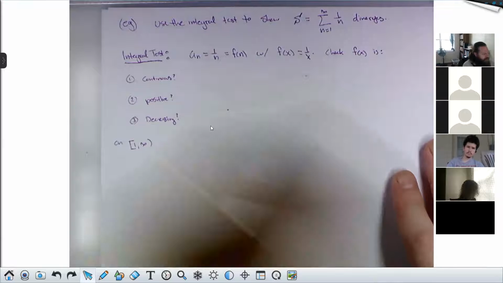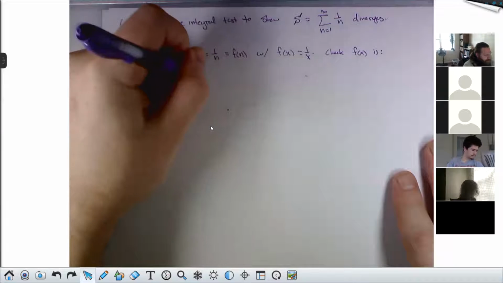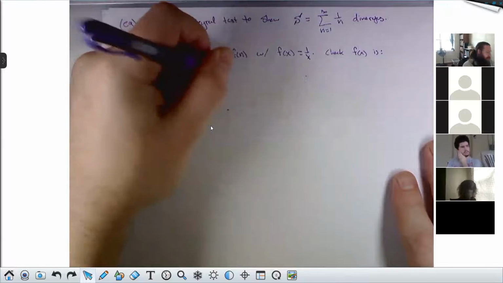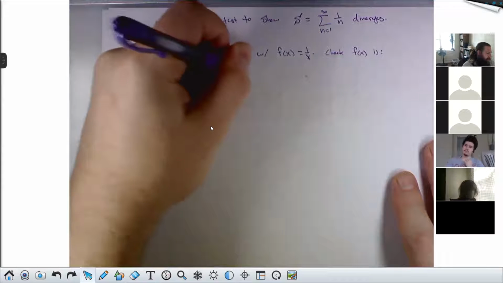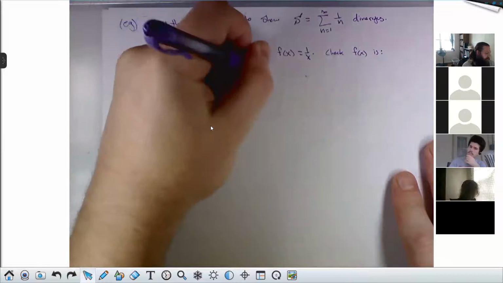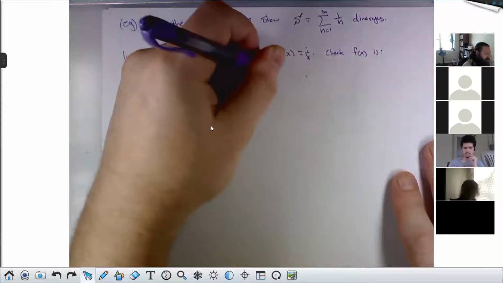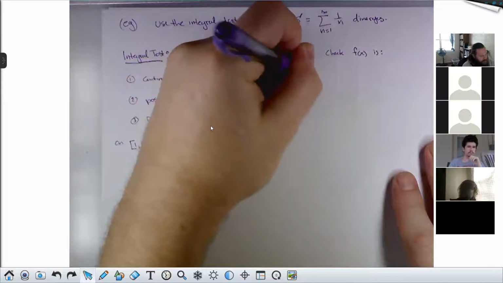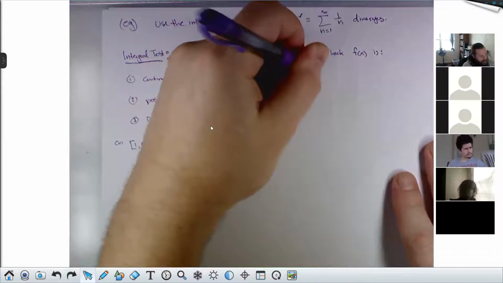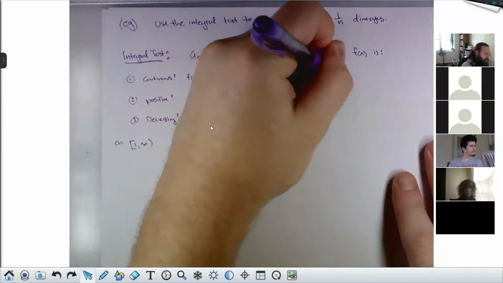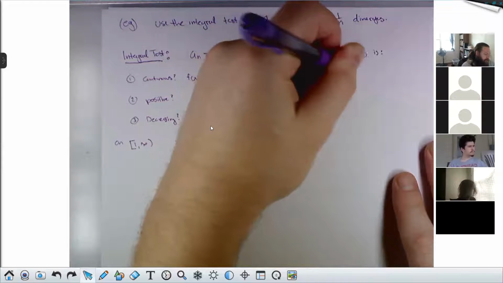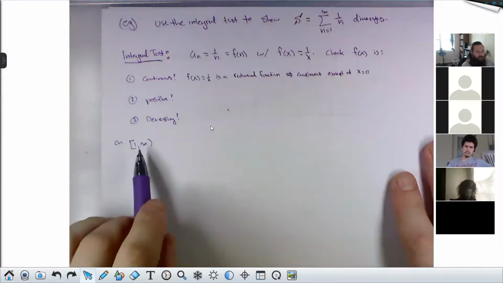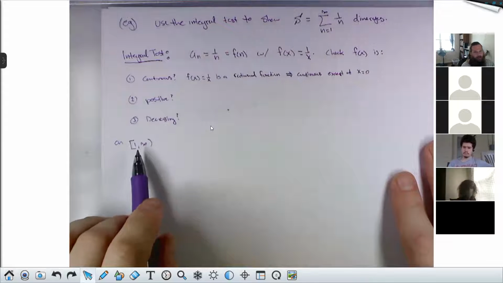So continuity: f of x equals 1 over x is a rational function, which implies that it's continuous except at x equals 0. And 0 is not in the interval 1 to infinity.